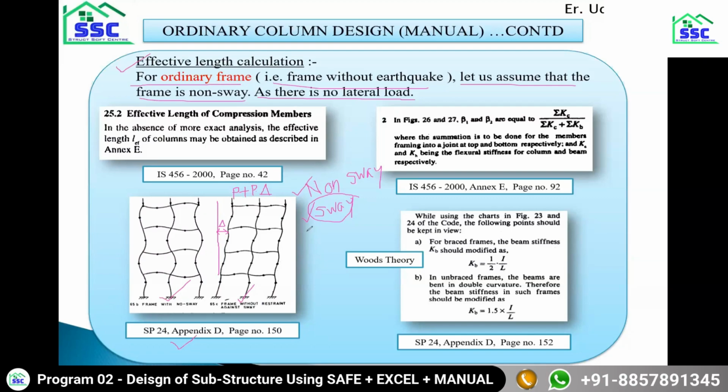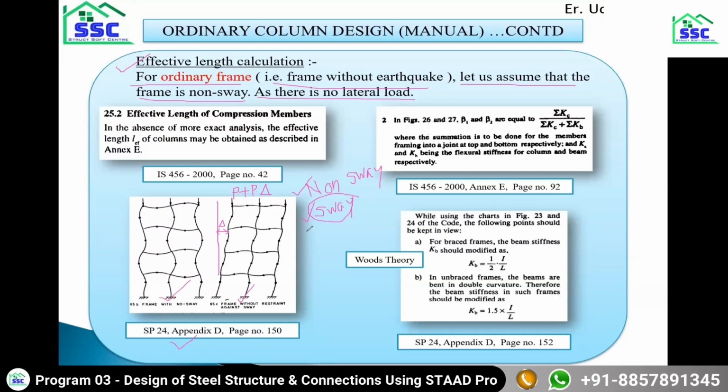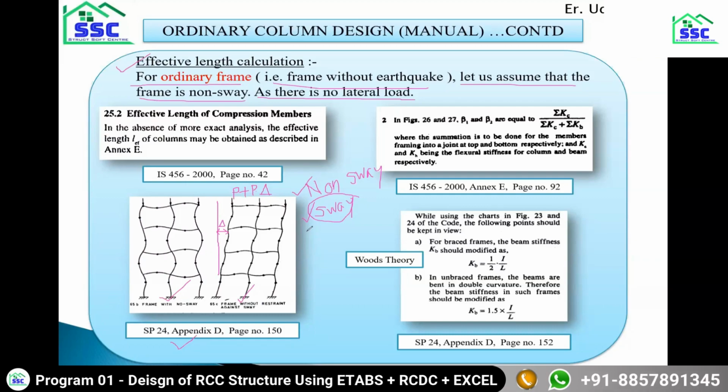For those who don't know the concept of sway and non-sway, I'm explaining in very simple terms that your frame is converted from non-sway to sway when your lateral load resisting elements, that is your shear wall or your beam-column frame, do not have sufficient strength to withstand the lateral load. It is not going to fail, but the deflection due to lateral load will be higher than what we get in a non-sway frame.